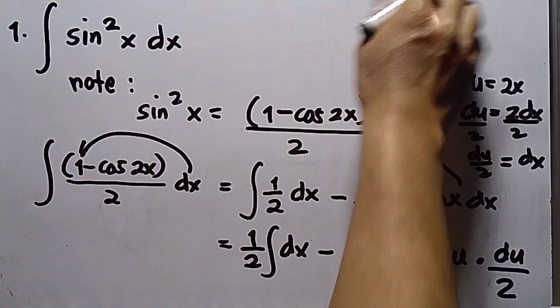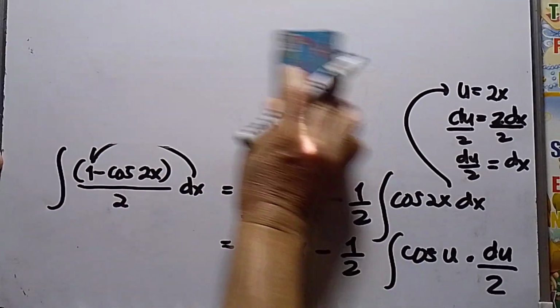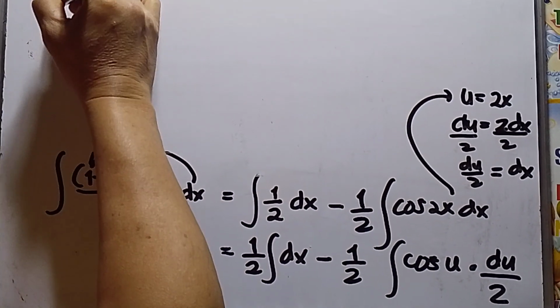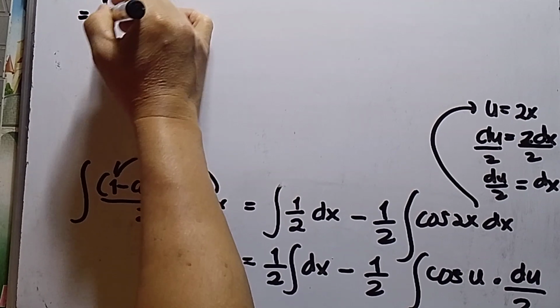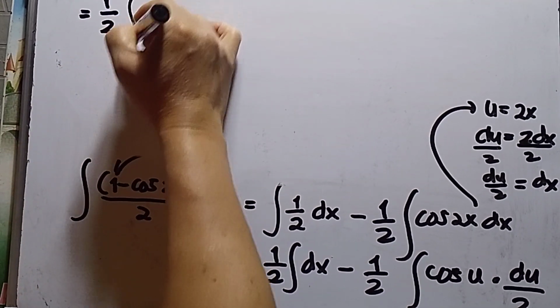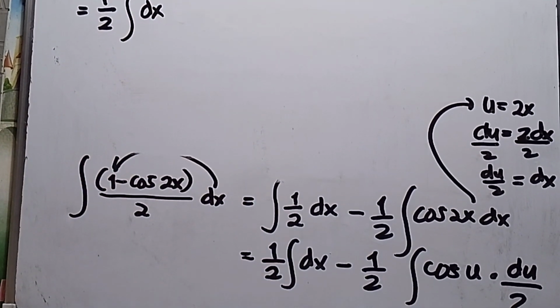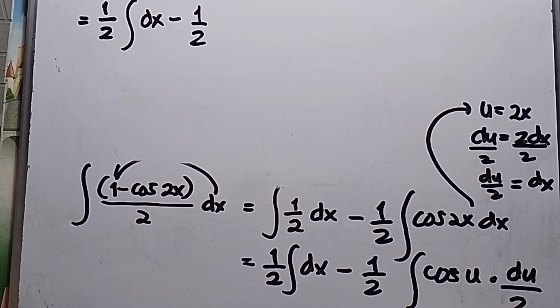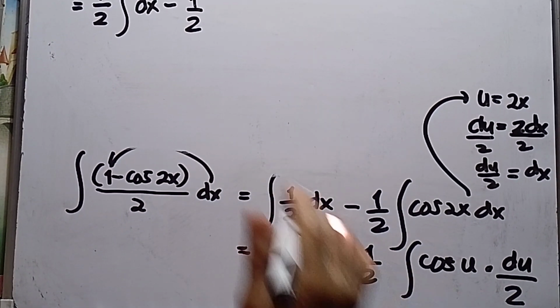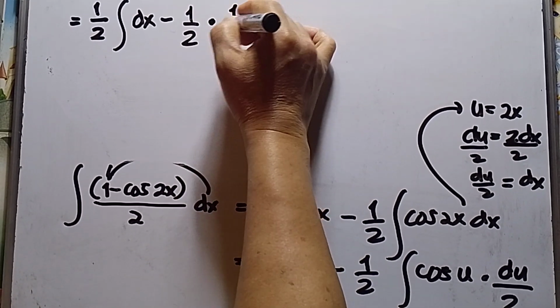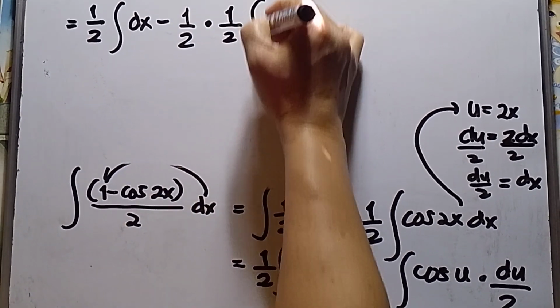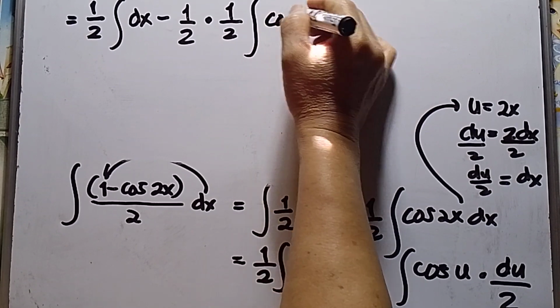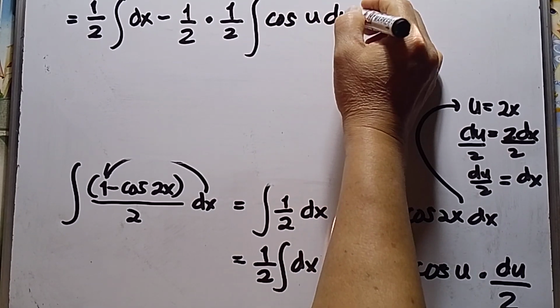Okay, so I need to erase at the top. So I have 1 over 2 integral of dx, then minus 1 over 2. So I will place outside of the integration 1 over 2, times the integral of cosine u du.